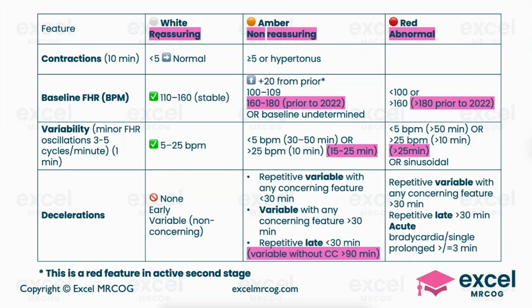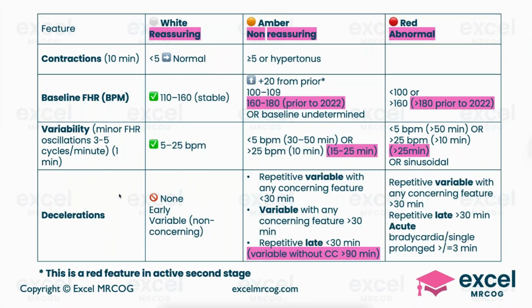Okay, so I used to remember it as RNA, because in our time CTG was like that, and then it changed to white, amber, and red. So remember that it was reassuring, non-reassuring, abnormal before, and now it is white, amber, red, which I have put on top. And whatever I have written here are the changes which have come about.